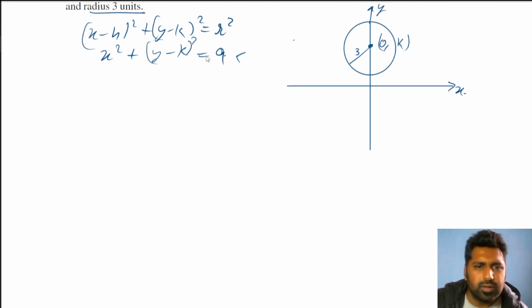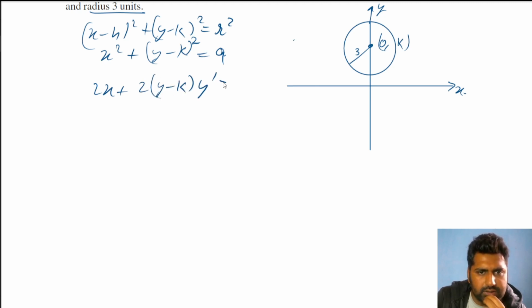So what I can think of is another approach: differentiate the equation directly. So 2x plus, using the chain rule, 2 into y minus k into y dash is equal to 0. The benefit is that y minus k can be directly replaced.